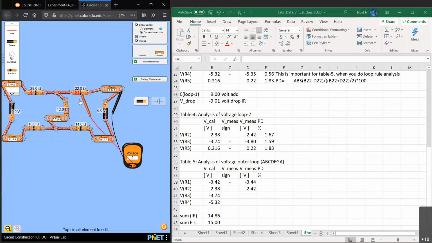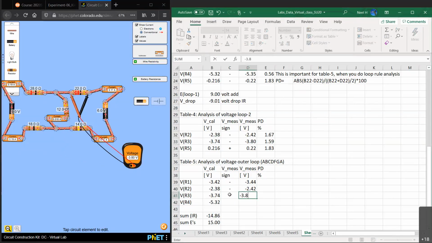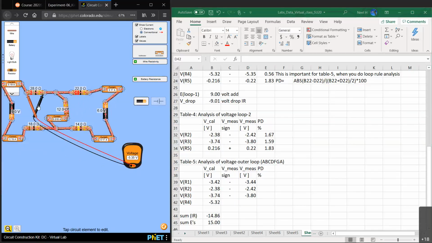Sorry, across the resistor here. That is resistor number 3, sign negative, measured value minus 3.80. And the last one, positive should go first, negative should come behind. That is number 4, sign negative, value measured negative 5.35.